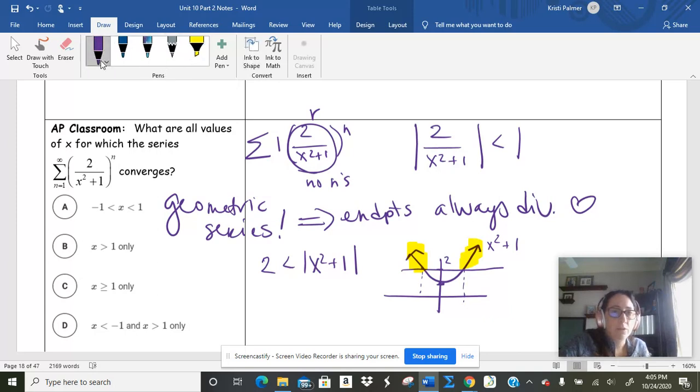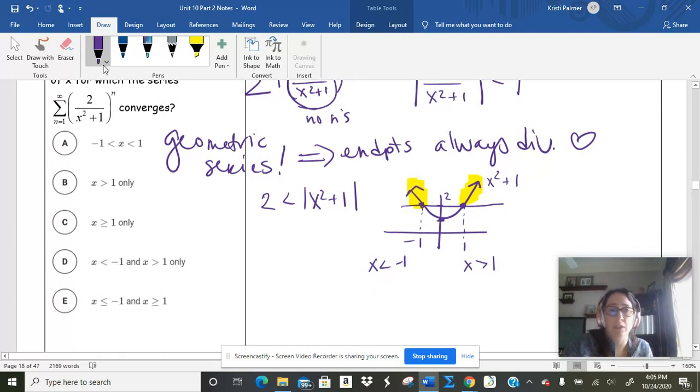This one's a little bit trickier, but hopefully you can see that when I plug in a 1, I get 1 squared plus 1, which is 2, and negative 1, same thing, okay? So I am greater when I am less than negative 1, but greater than 1, and I do not include the endpoints, so there should not be any underneath parts or equal to because this is geometric. So this answer is D.